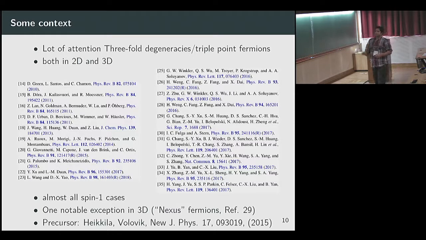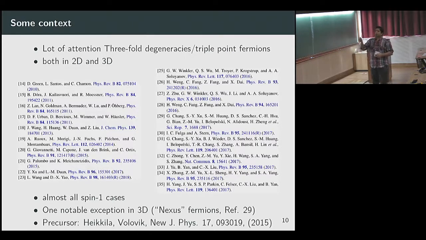There it has some resemblance to the system of interest that I'm looking at, and I believe that what we have done has some relevance to this 3D system. This nexus fermions has a certain precursor in this paper. Here they were interested in the band structure of graphitic systems, and you could see line degeneracies connecting different Dirac cones.